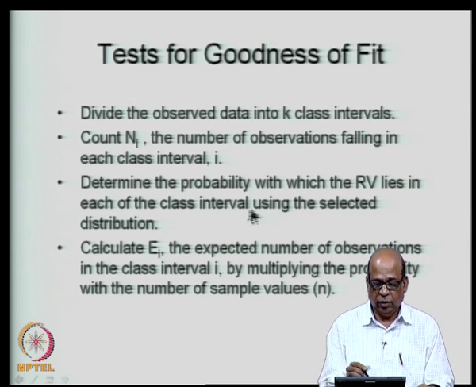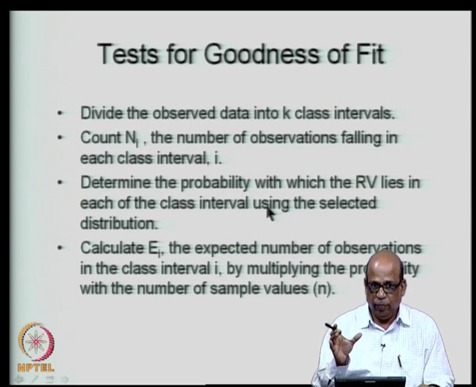How do we get it? Let us say the probability of belonging to that particular interval 100 to 200 is given as 0.04 or some such thing, and there are a number of values of 100. So, 0.04 into 100, which comes to 4. Like that we compute the expected number of observations.